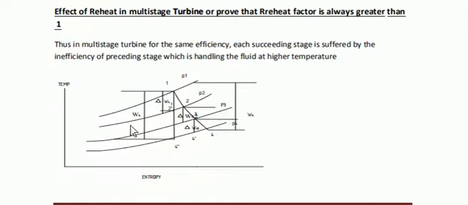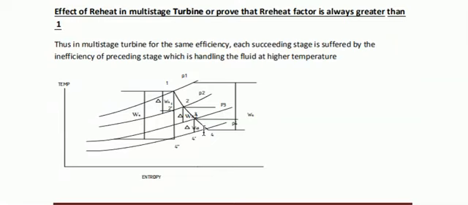This is the total isentropic work done, and from this point to this point is the actual work done. And delta Ws1, delta Ws2, delta Ws3 are the isentropic stage work done.